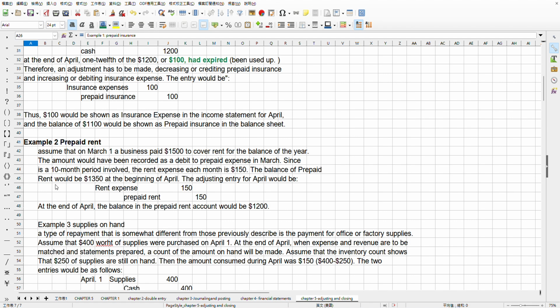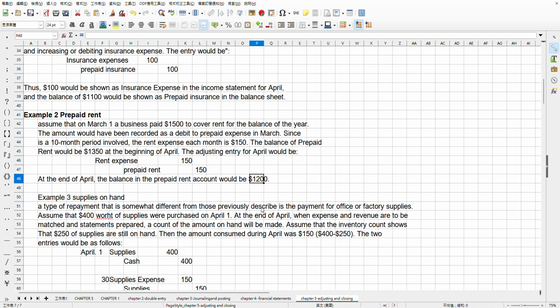The balance of prepaid rent will be 1,350, and at the end of April, the adjusting entry for April will be debit rent expense, credit prepaid rent. At the end of April, the balance of prepaid rent will be 1,200.